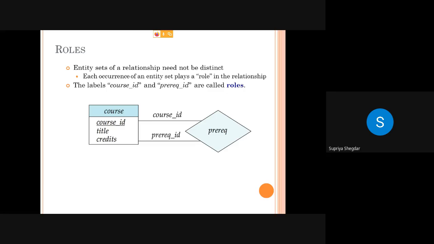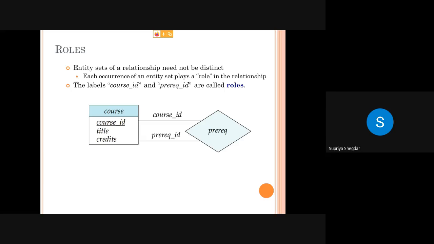Okay, now next one is the representation of the role. Okay, so we know that the role is nothing but the function performed by the entity set, or simply we can say that the label given to the line is called the role.